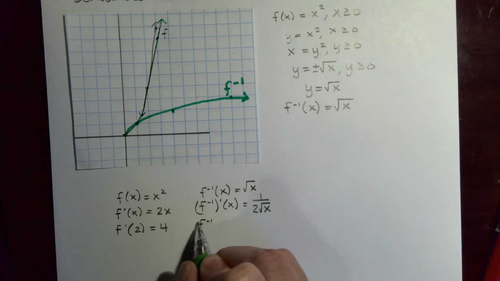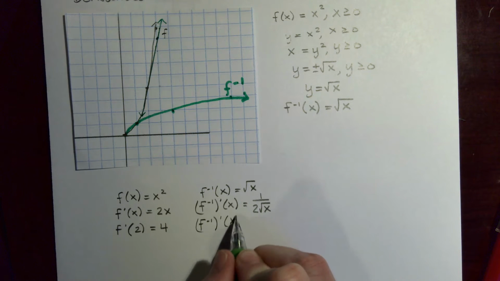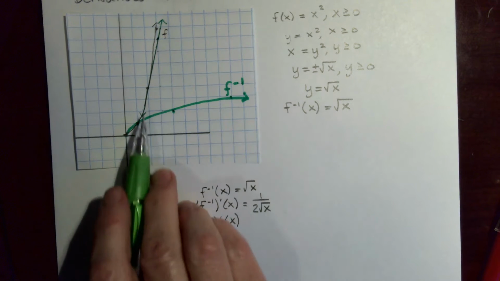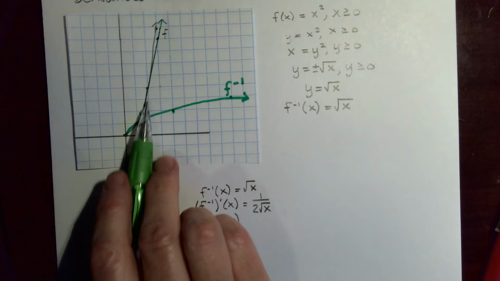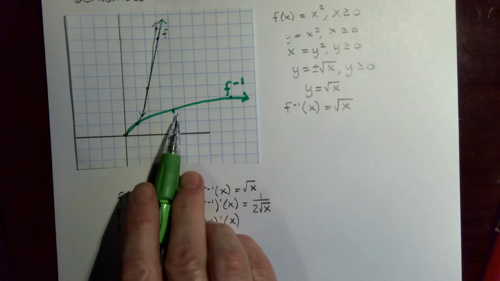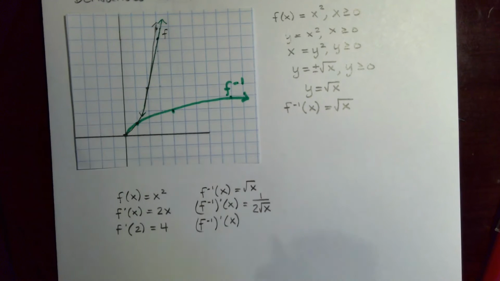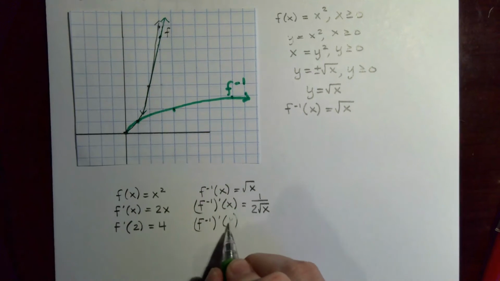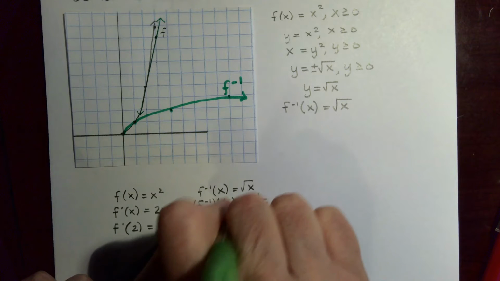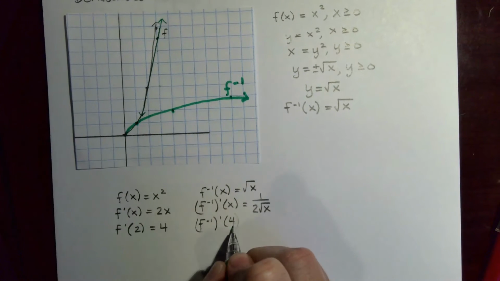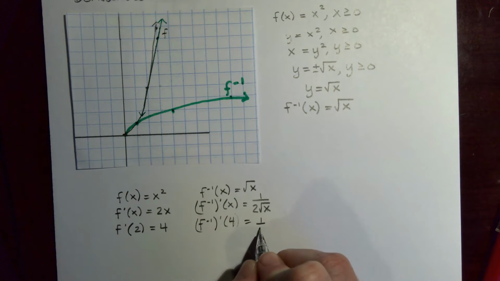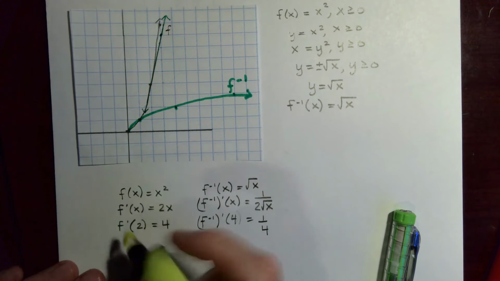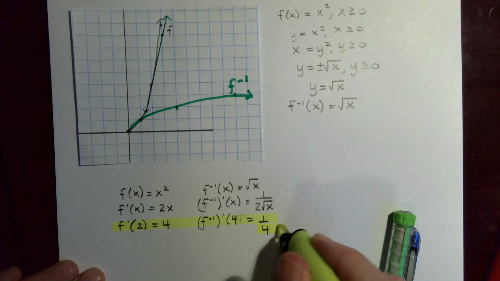But I know if I take the derivative of the number that goes with it, so when x was 2, y was 4, so I'm going to look at (4, 2), and I'm going to take the derivative at 4. Well, that's going to be 1/4. Okay, and so I want you to notice that these are reciprocals of each other.